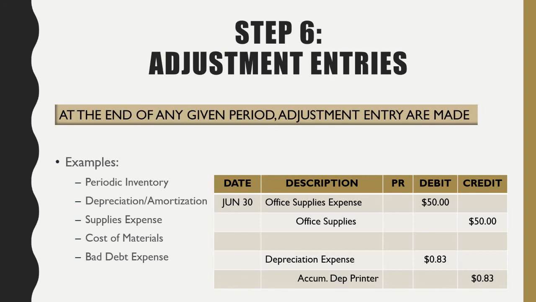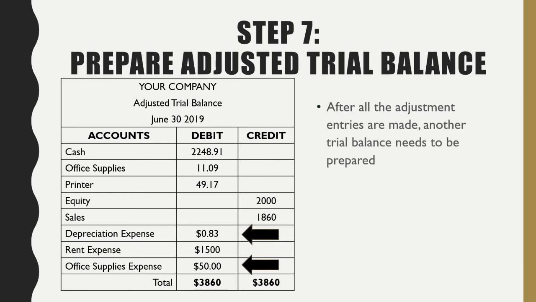So once we run these journals again, we're going to do the same thing. We're going to journalize our adjustment entries, post it to a ledger, and then run an adjusted trial balance, which includes these extra accounts. So again, depreciation has an accumulated depreciation, which is a contra account.